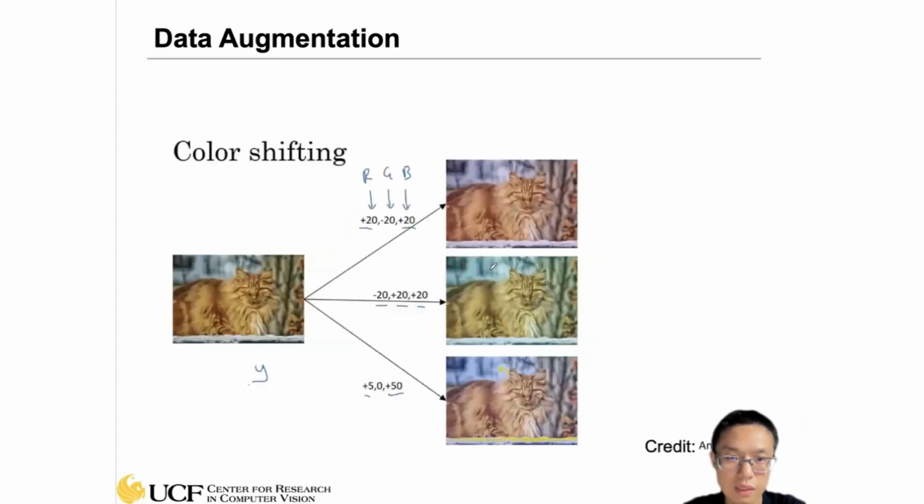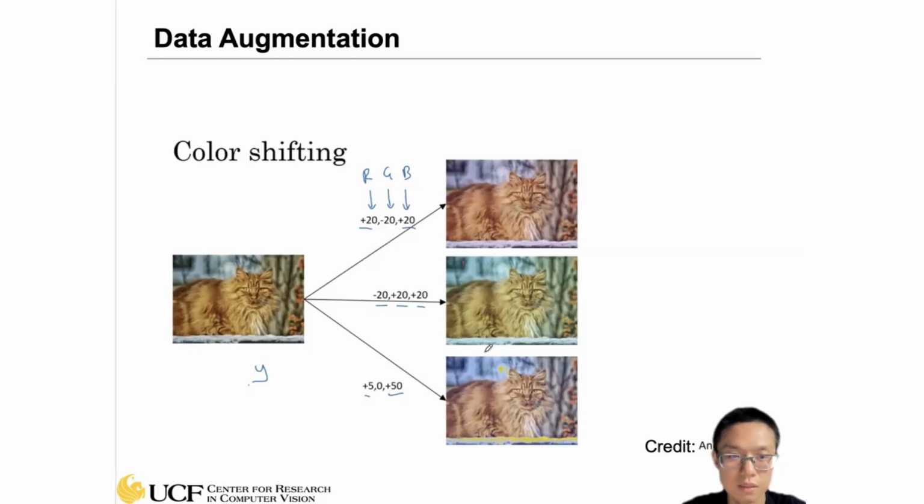We can also do color shifting, right? So basically you can add perturbations to the different color channels, RGB, so that you end up with images that may look visually different, right? So some maybe have a very reddish background of the object, or maybe you add more values to the green channel, right? So it looks greenish or bluish.